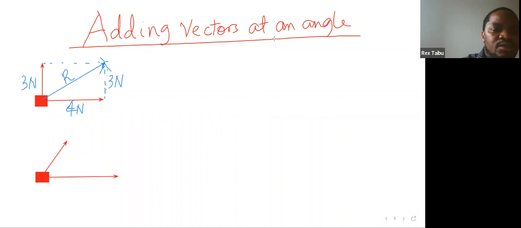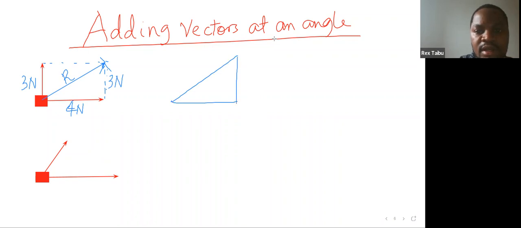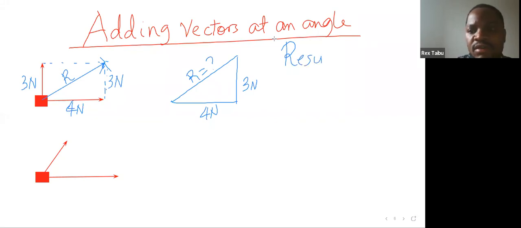So 3 newtons, 4 newtons, and you are looking for the resultant. What is the resultant? The resultant will be the net vector you're looking for.